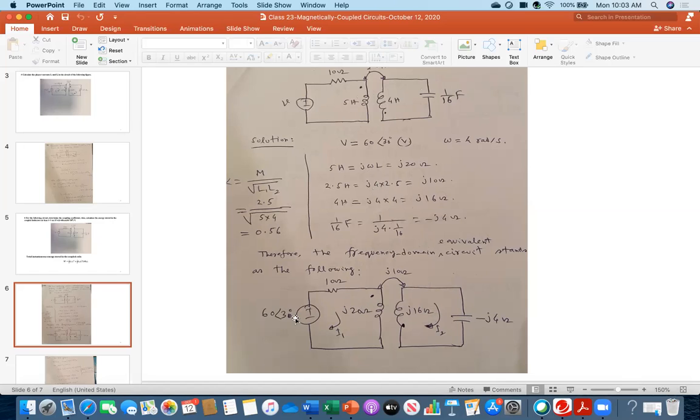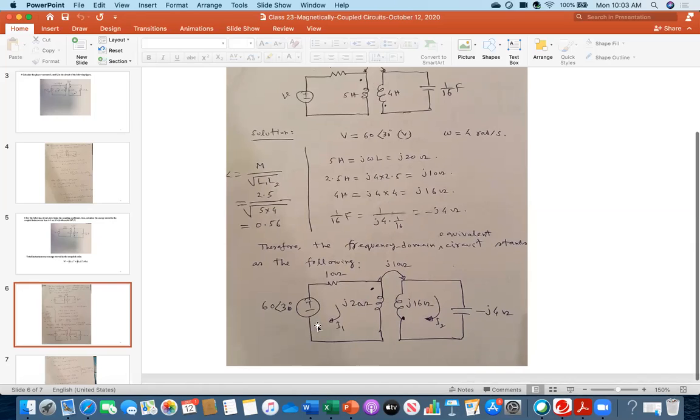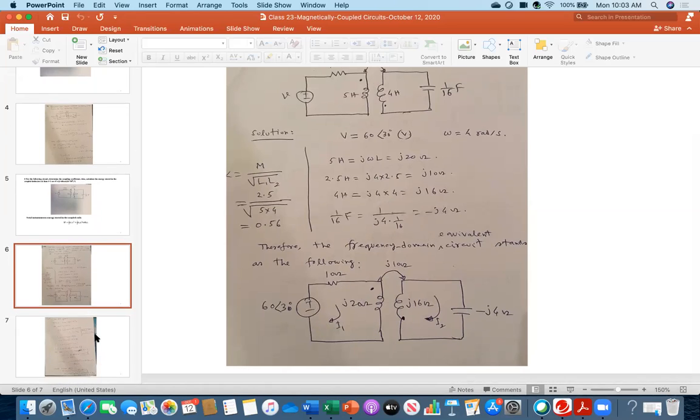So now everybody see, this is my circuit. What will the left side equation be? Just by looking here: I can say minus 60 angle 30, because minus to plus, and then (10 plus j20) multiplied by I1, and this one, the mutual inductance, plus j10 into I2.